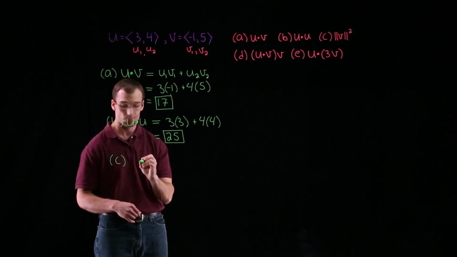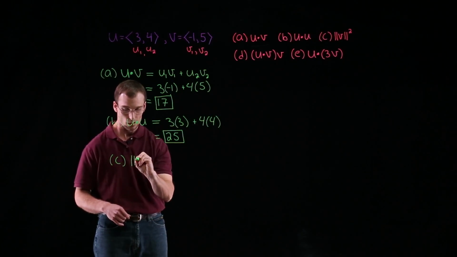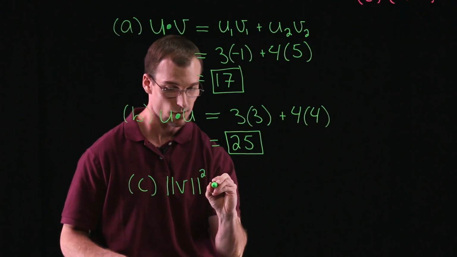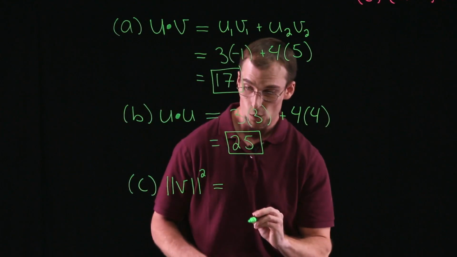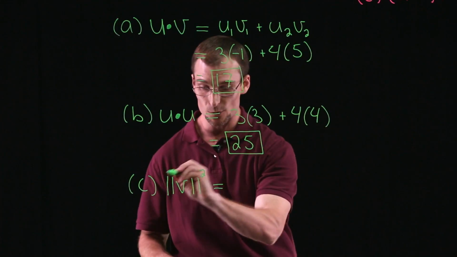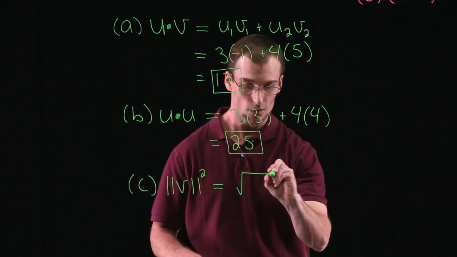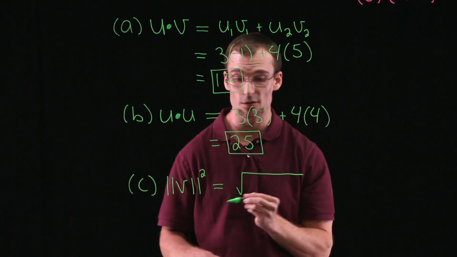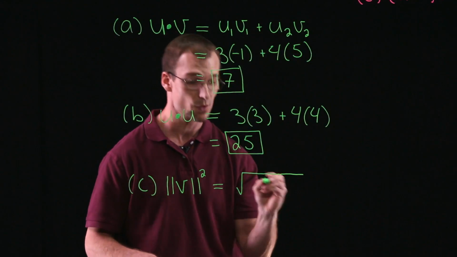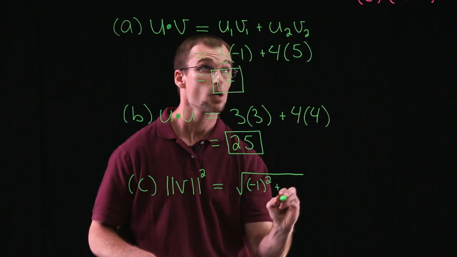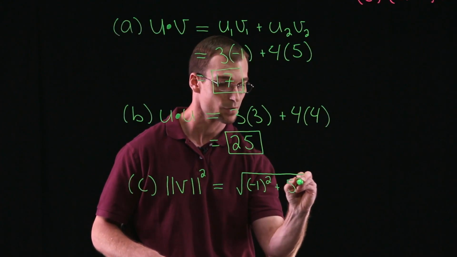We're looking for the square of the magnitude of v. The magnitude of v is the square root of the sum of squares of its components, so the square root of -1 squared plus 5 squared.